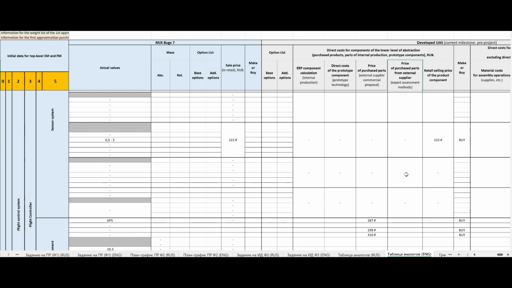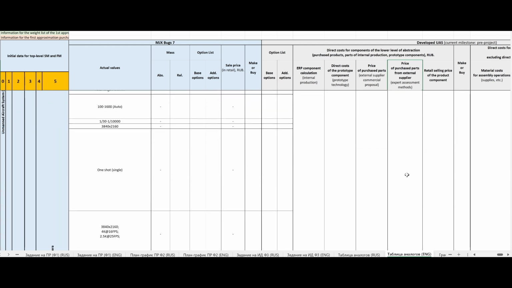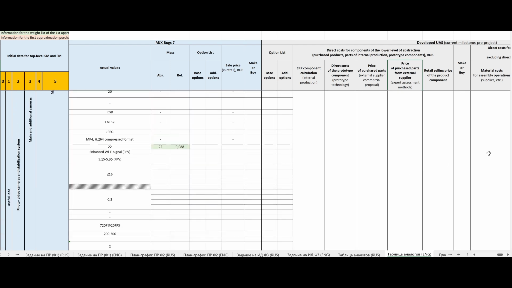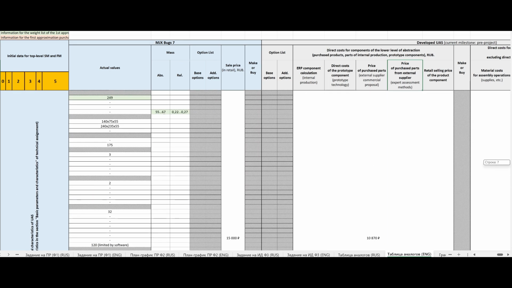There are more options for filling this column, starting from product cost management software and software for technical benchmarking of the Atomark 1 type, ending with the assessment based on expert calculations. Generally speaking, for the design documentation stage, installing components purchased from the retail network on a prototype is normal practice, not only in our case of unmanned aircraft systems, but also, for example, in the automotive industry, which I personally witness in the course of my work.